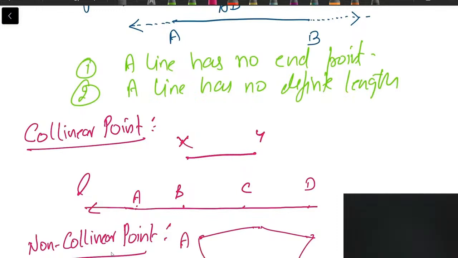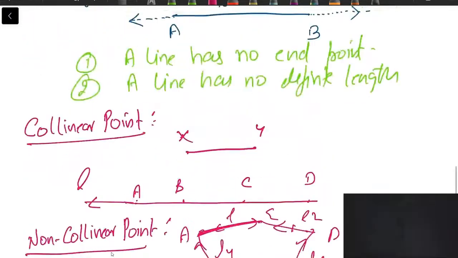So let's take these as A, B, C, D, E. These lines we can draw: this is line L1, this is line L2, this is line L3, this is line L4, this is line L5. So they have their own lines. This is known as the non-collinear points.